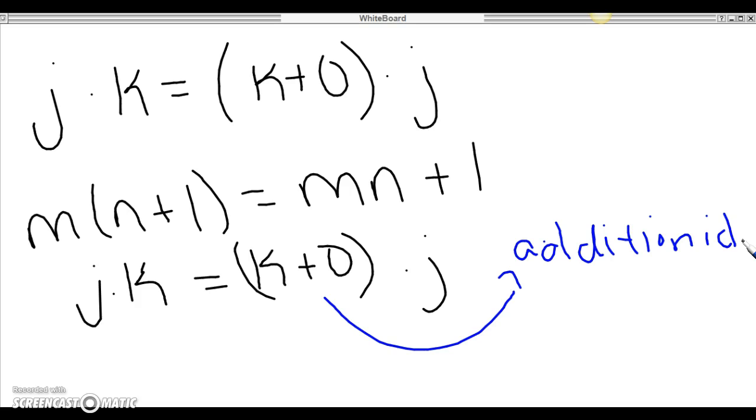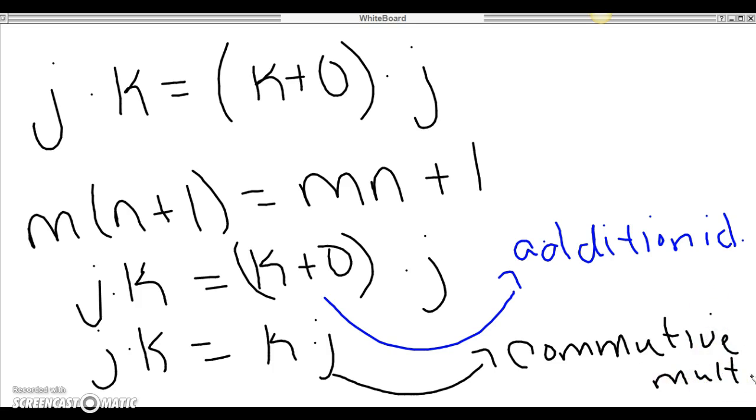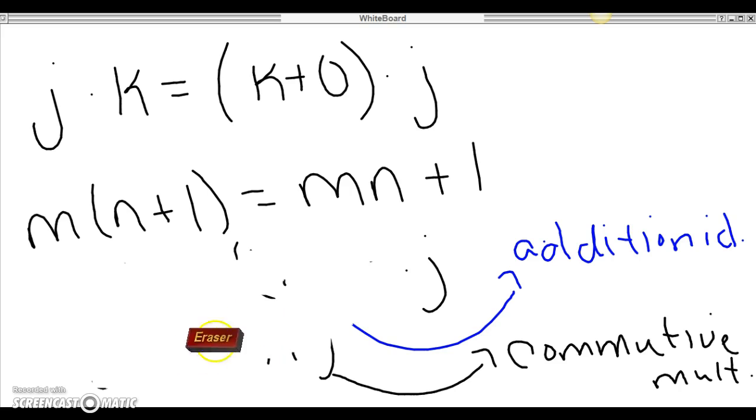And so if I do that, that's going to give me k times j. And then here we have the commutative property of multiplication. Okay, so we know that that is true just by using our properties.